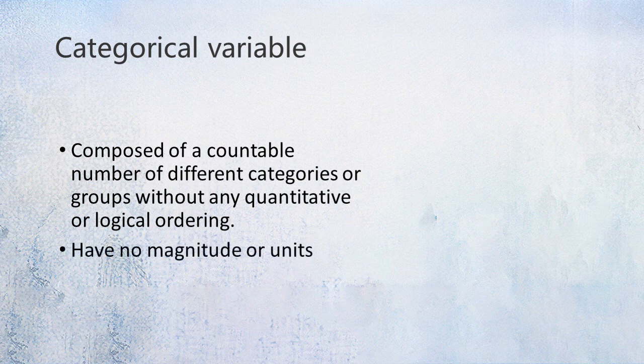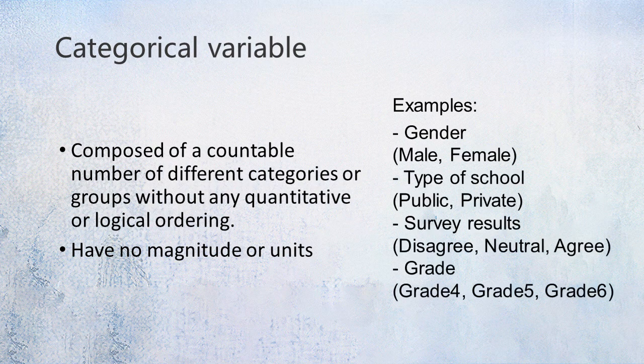Categorical variables have no magnitude or units, so we cannot make statements such as category A is more or less than category B. Here are some examples of categorical variables. For example, gender, type of school, survey results, and grade.